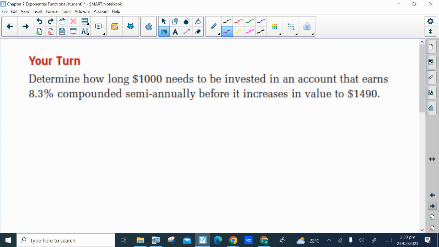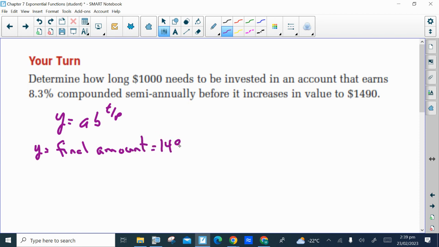Okay. Determine how long $1,000 needs to be invested into an account that earns 8.3% compounded semi-annually before it increases to $1,490. So again, we're going to use y equals a times b to the t over p, where again y is the final amount, which in this case is $1,490.